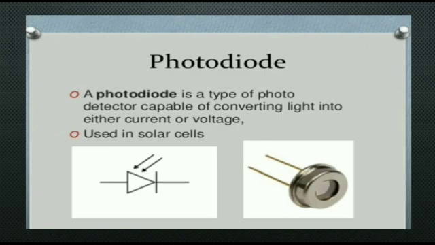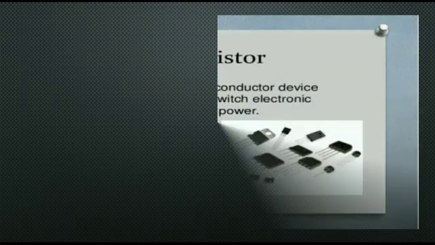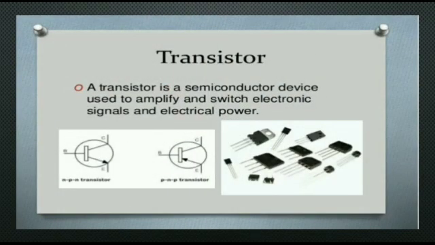This type of photodiode is used in solar cells and also fire alarms, right? This is the component, and this is the circuit symbol for the photodiode. Students, you should know the components. That's why I'm giving these details.